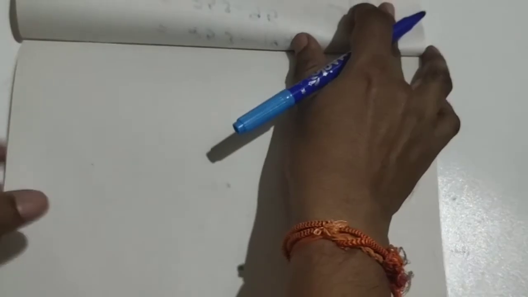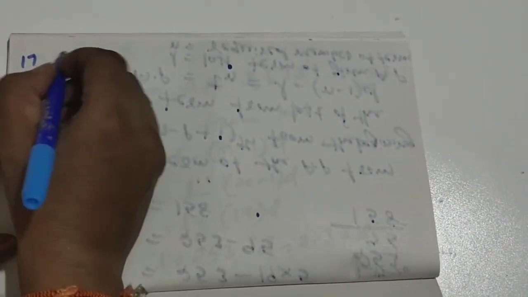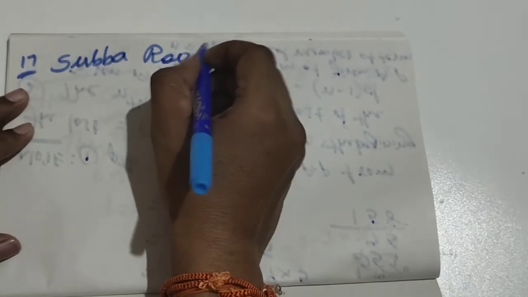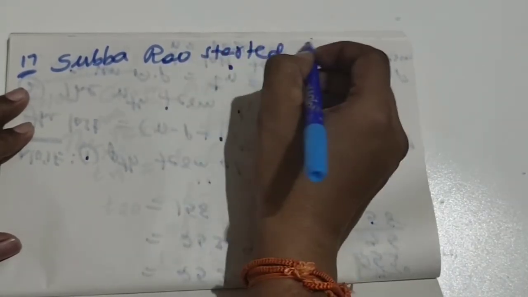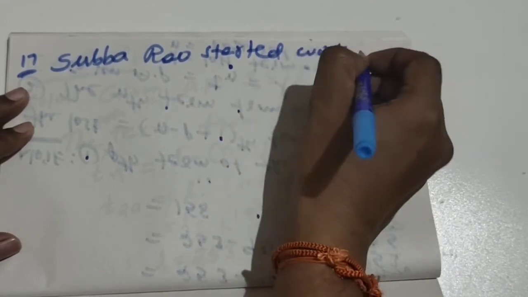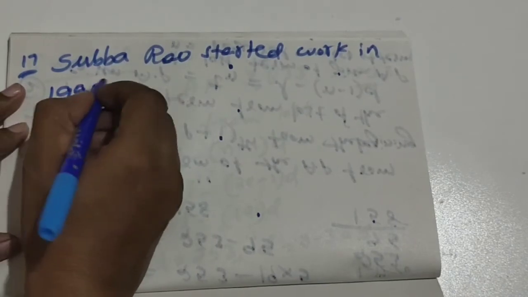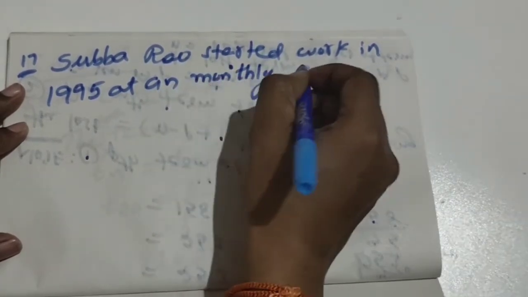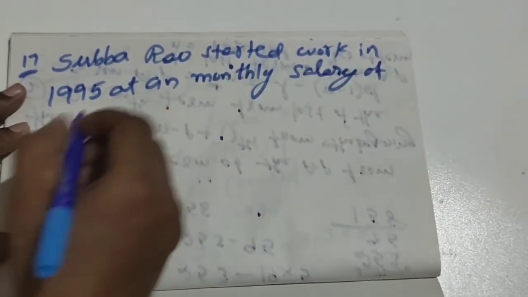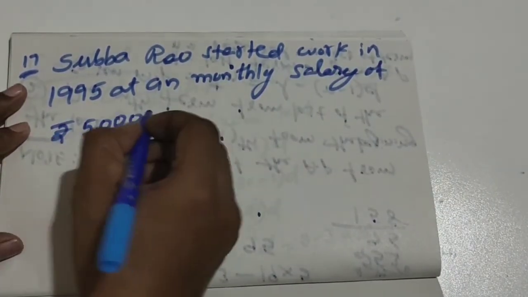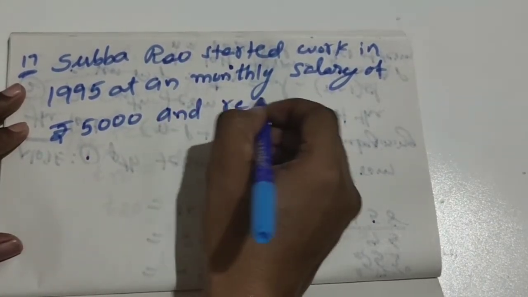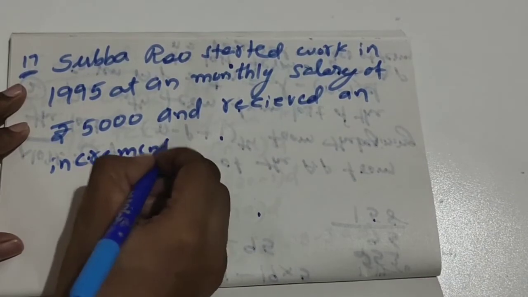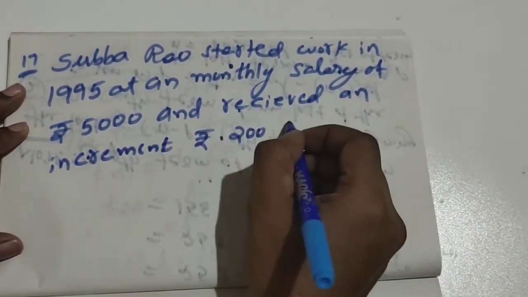Okay, and the next, our daily life. Subbarao started work in 1995 at a monthly salary of rupees 5,000 and received an increment of 200 each year.